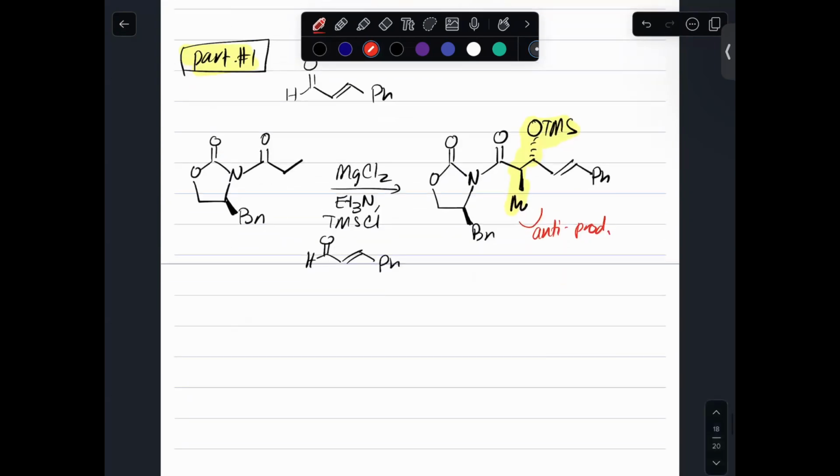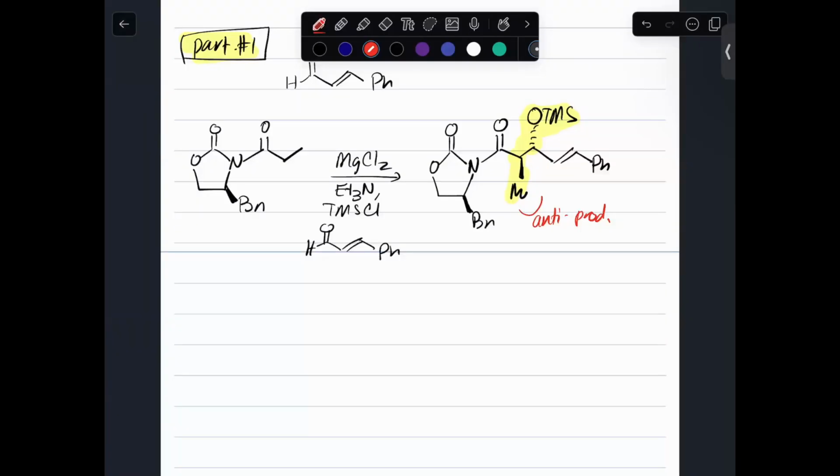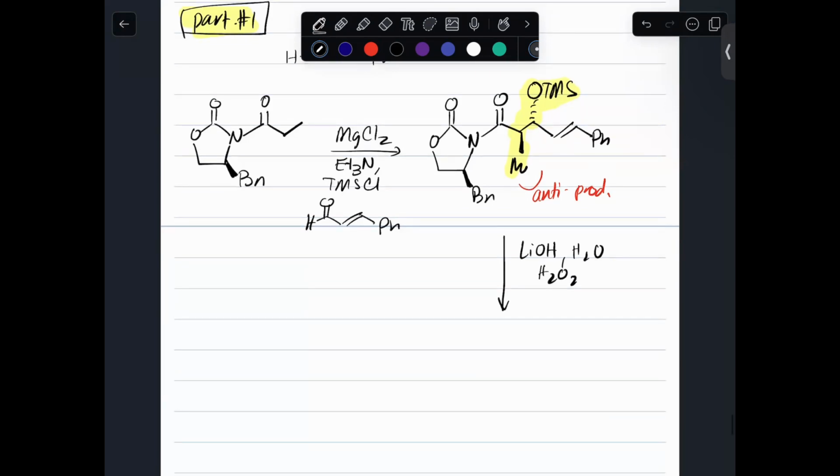Okay. You then remove the Evans oxazolidinone. And they use lithium hydroxide, water with hydrogen peroxide. Remember, this is from lecture number 1. And you form your carboxylic acid.